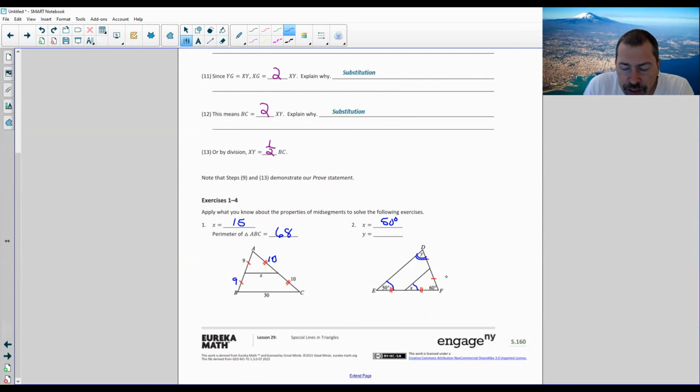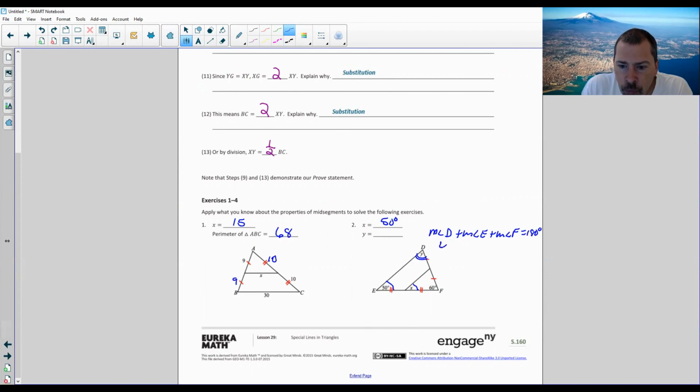If this is 50 and that is 60, remember, the measure of angle D plus the measure of angle E plus the measure of angle F equals 180 degrees. That's the triangle sum theorem.